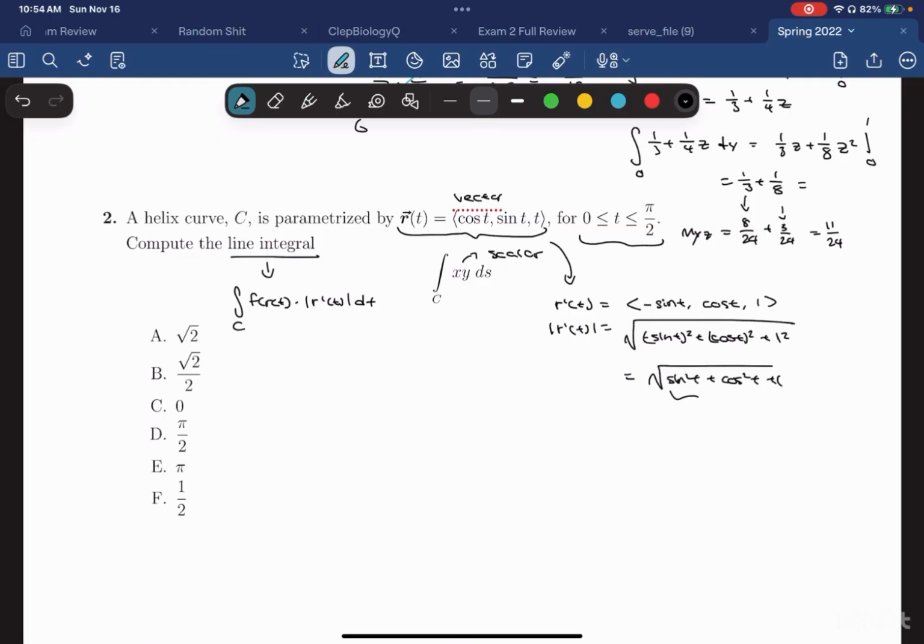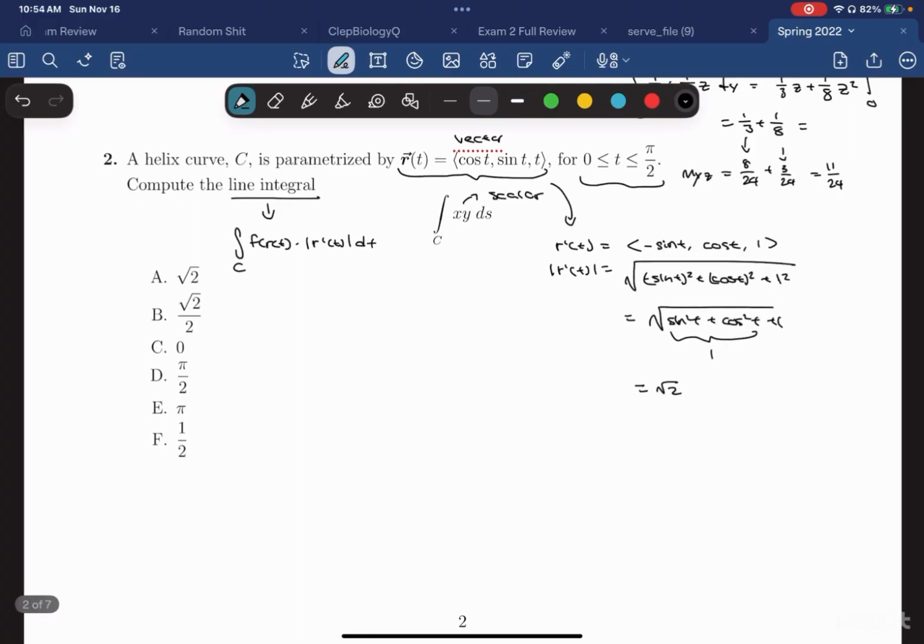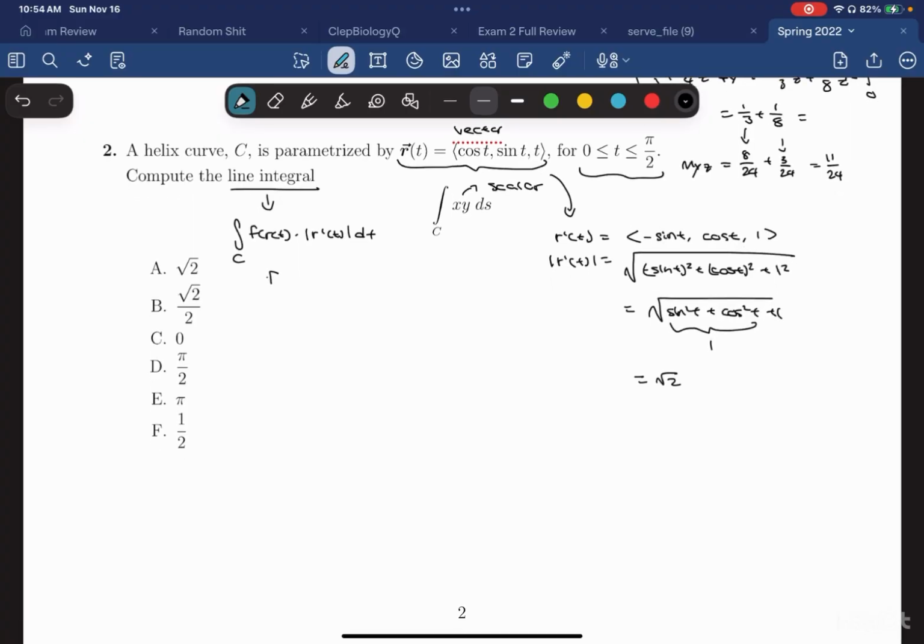Sine squared plus cosine squared t is just 1, so you just get the square root of 2. Okay, if we plug r of t into f, which is just x times y, you just get cosine of t sine of t.